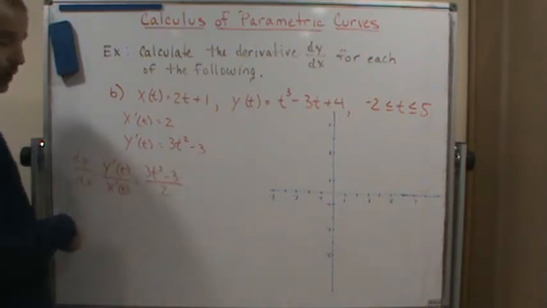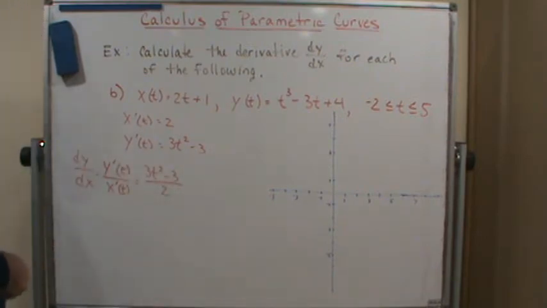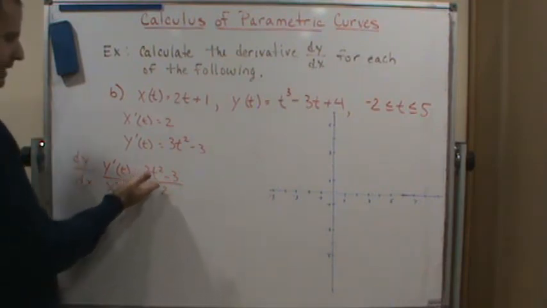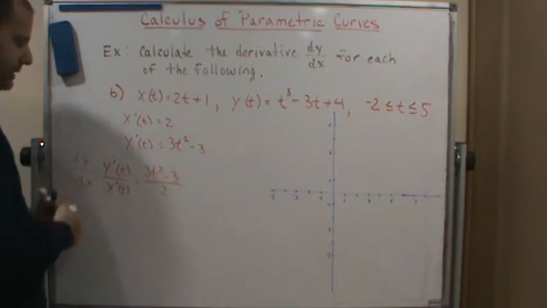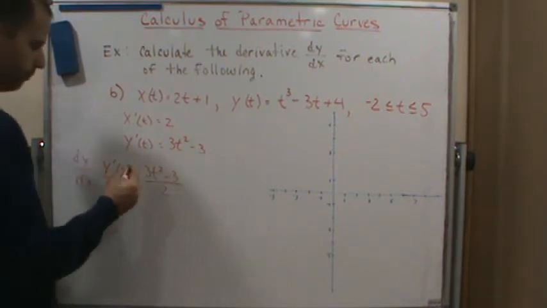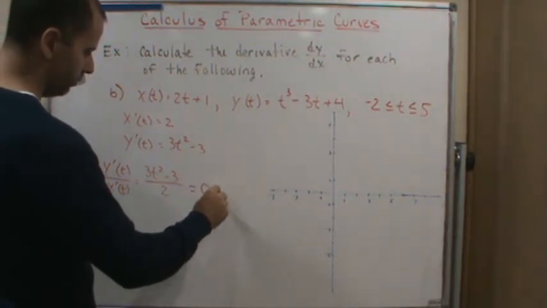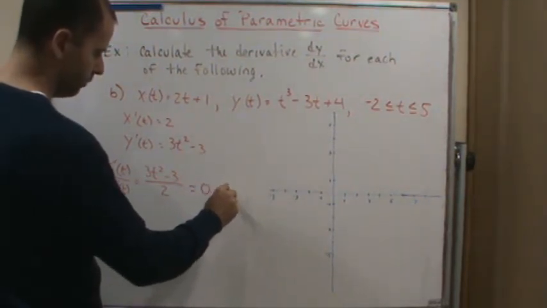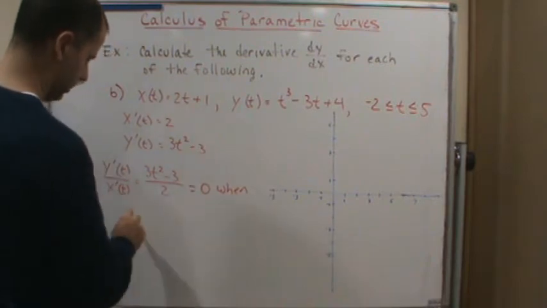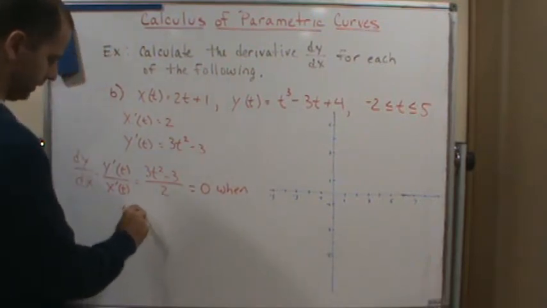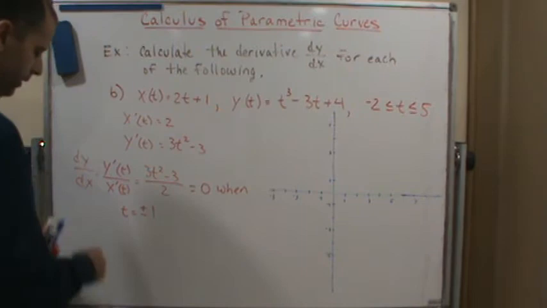But we do have to see where the numerator is equal to 0, because if the numerator is equal to 0, the whole thing is equal to 0. So when is this going to be equal to 0? When t is plus or minus 1, right? Why?